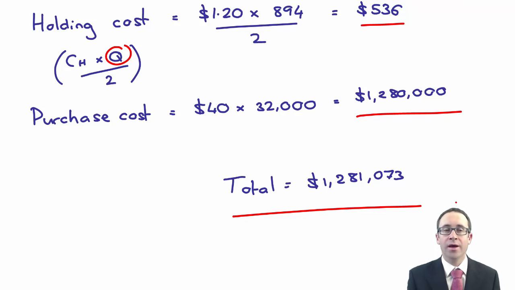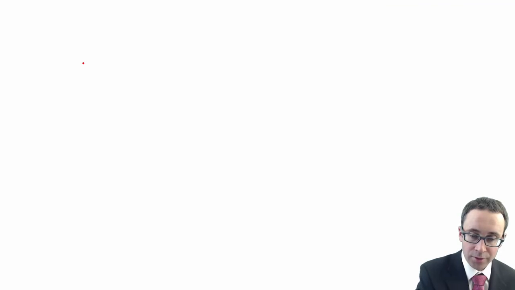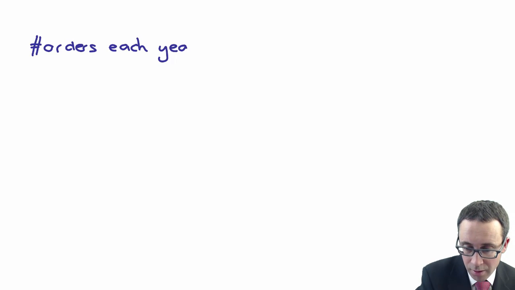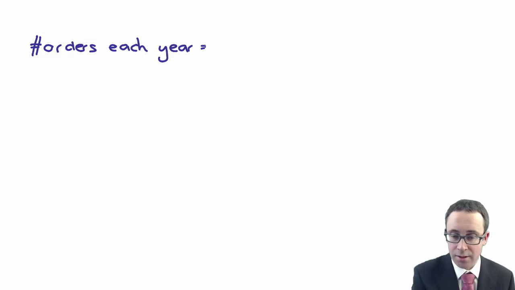You really need to read the question very, very carefully. Okay. What you could also do, I don't think it was mentioned within the question, but just as something to add in terms of additional value, is you could work out the number of orders that we place each year based upon the economic order quantity.